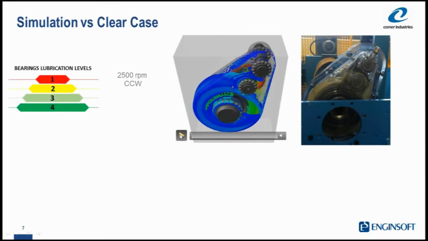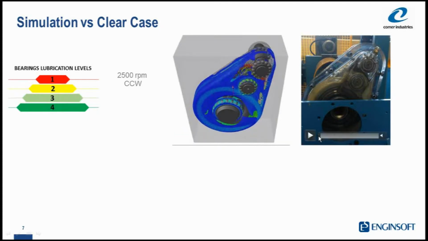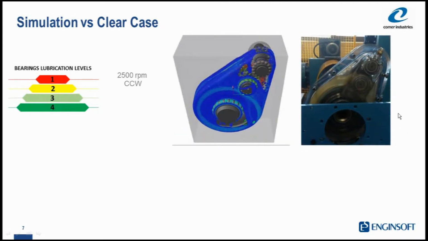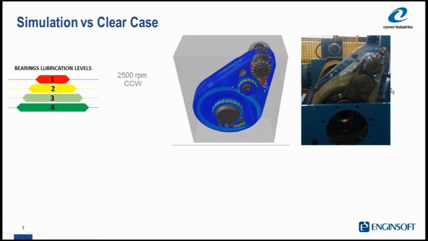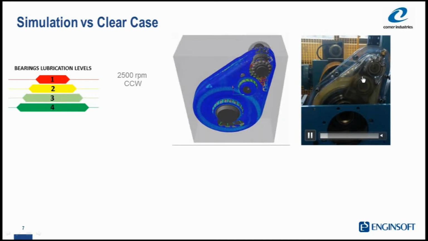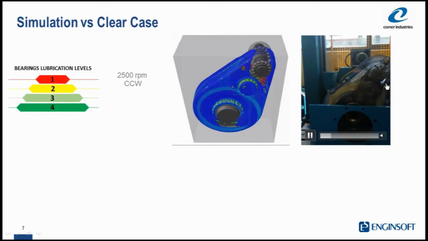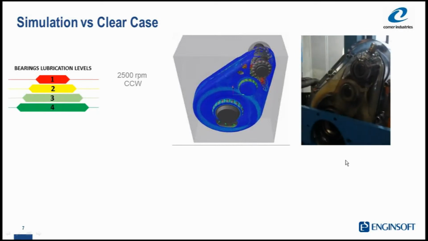In this study, we can see the model in this slide, and also a real-life lab experiment. We can see through the clear case the lubrication of the elements of the gearbox.